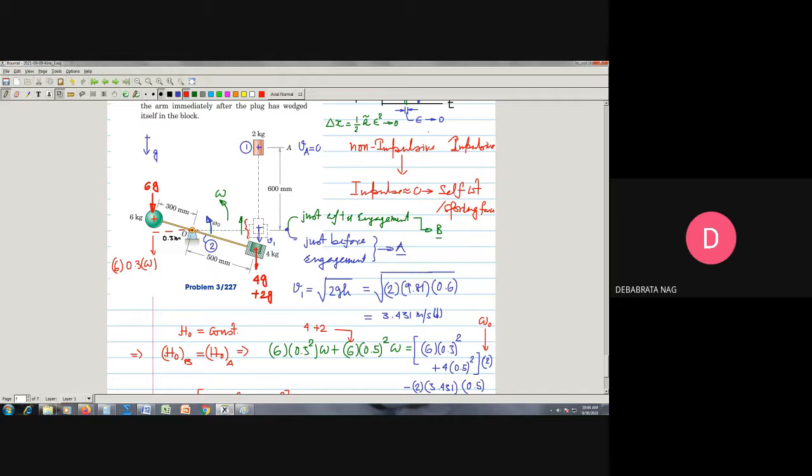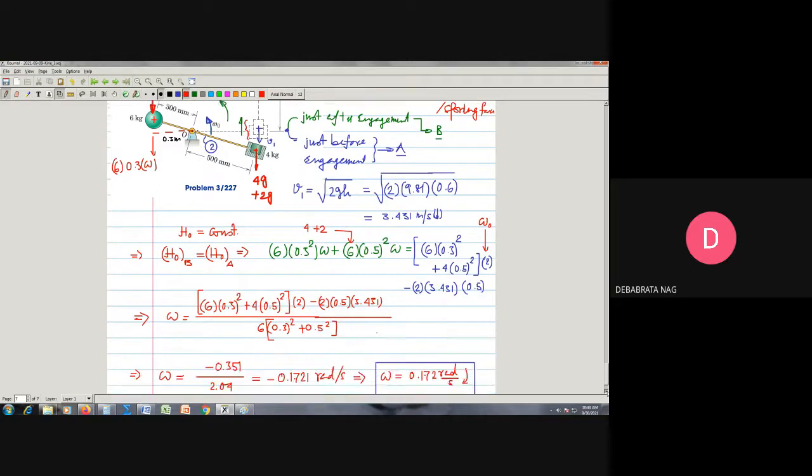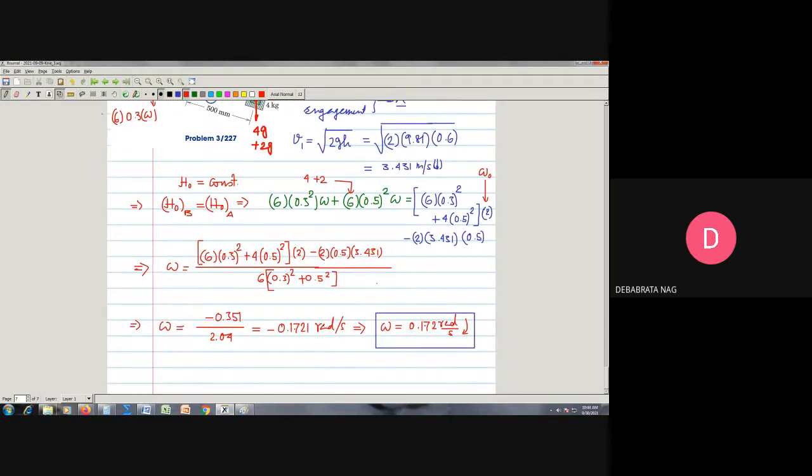Here individually means what? Individually means you have the plug and this assembly, correct? So you can take this plug individually and write it in this way. If you would have followed the particle approach, in that case what you would have done is something like this.